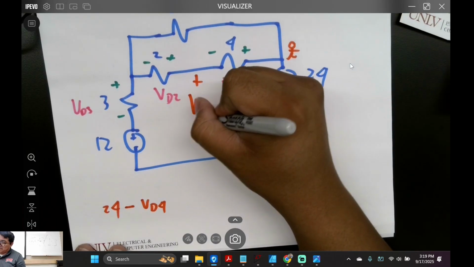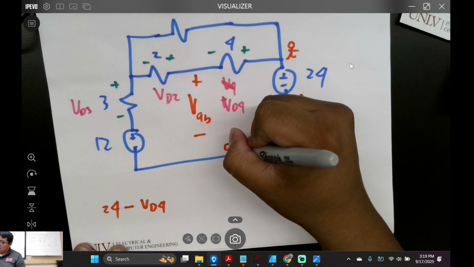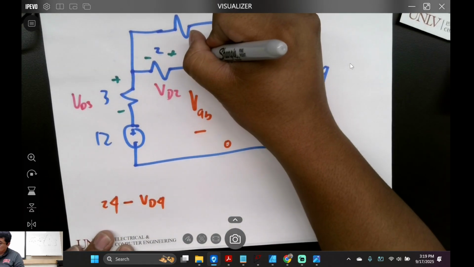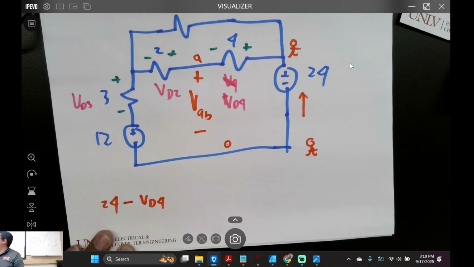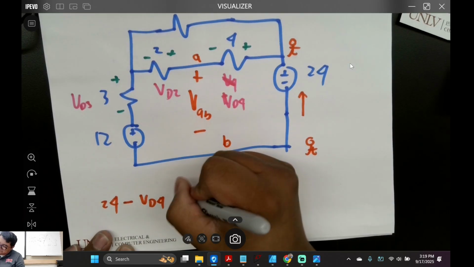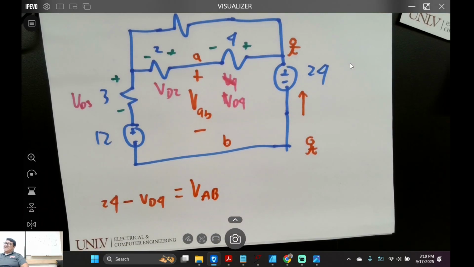A to B. This is VA, A right there, right? This is B, right? So let me show you this. Is anyone bothered that I just did VA to B right there? Just equals VAB? Is anyone bothered by that at all?